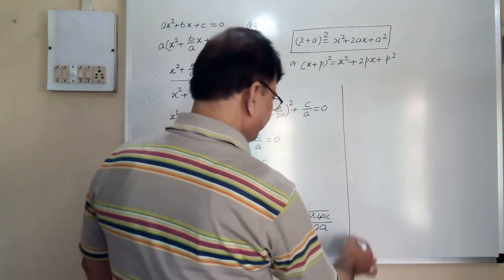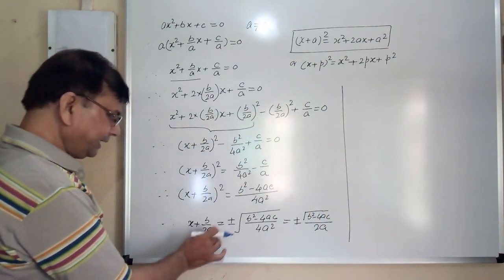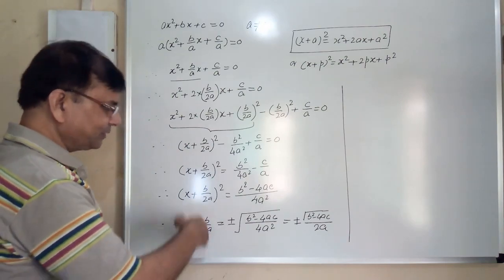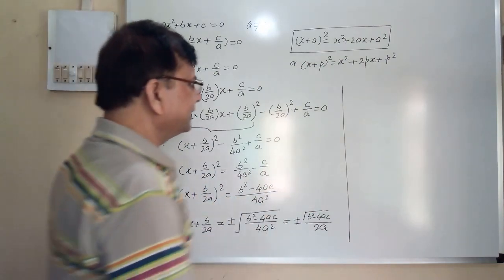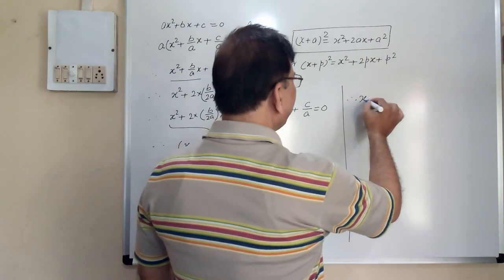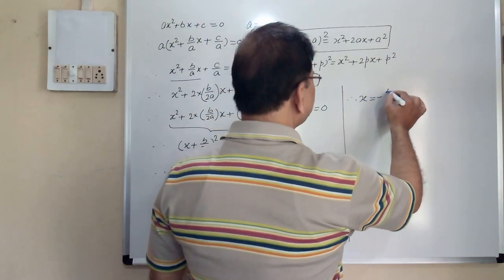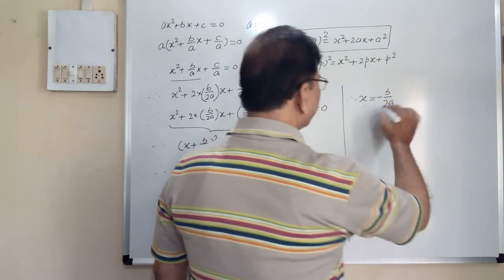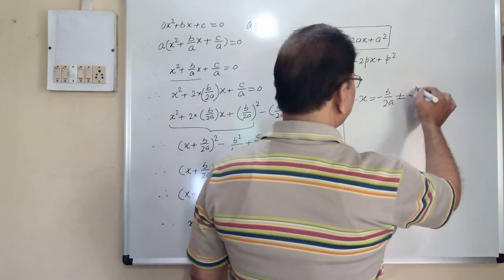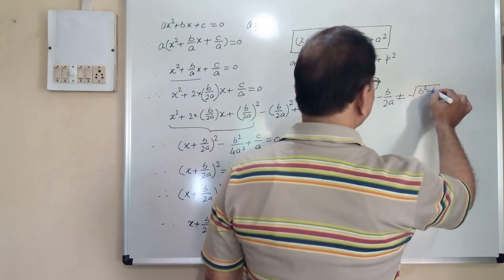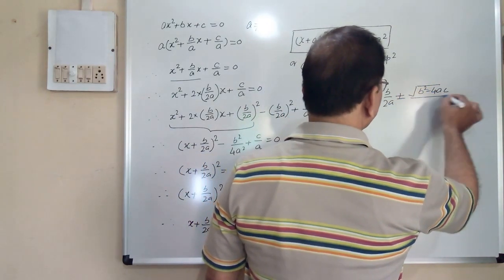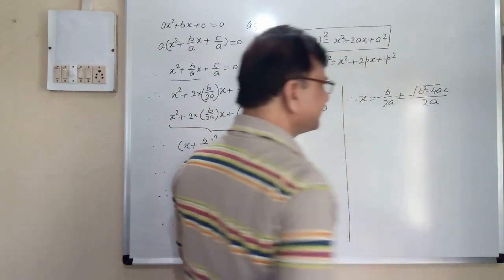Next step, transfer this quantity because we want x. So this will have to be transferred to the right hand side. Therefore, x is equal to minus b upon 2a plus minus under root b square minus 4ac upon 2a.